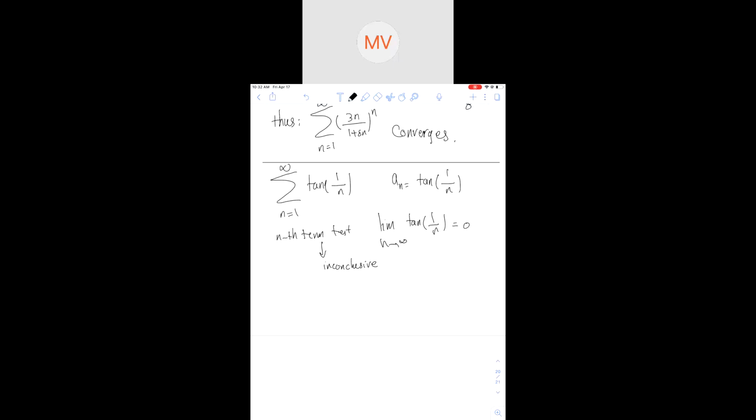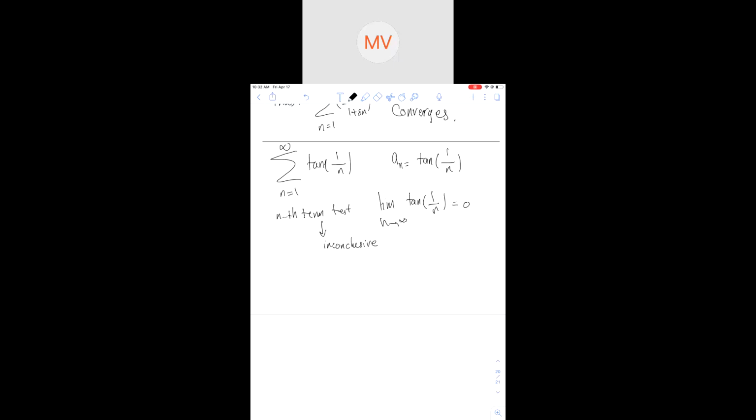So what do we do then? You have to do a test. Integral test. Let's see. When you say integral test, that means you have to ask this question: are we able to integrate this function?